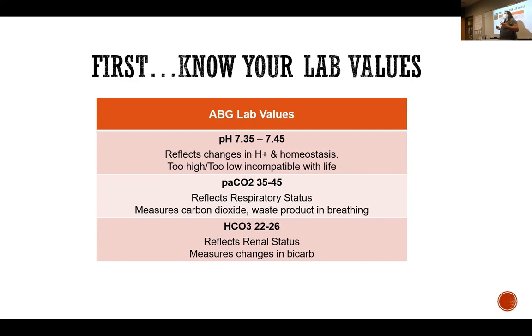These labs you really need to memorize. When you watch the video with Mike RN, he said, write these over and over and over until they're in your head, because you'll use them over and over. You'll use them when you're interpreting, not just on your quiz, but as you go through your career too.